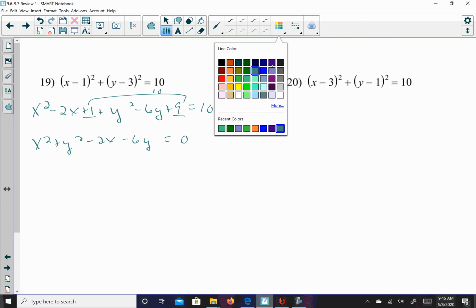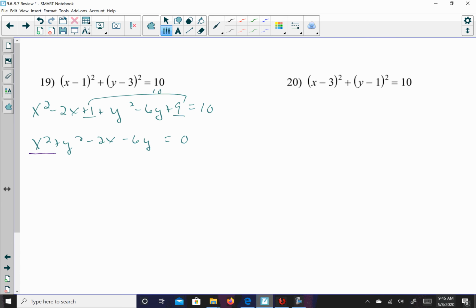I remember that I have an identity that says that x squared plus y squared is equal to r squared, so I'm going to write r squared there. Then minus 2r cosine theta minus 6r sine theta. Remember, replacing the x with r cosine, the y with r sine, is equal to 0. I am going to leave r squared on one side, put everything else on the other side.